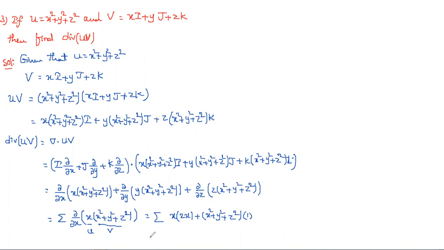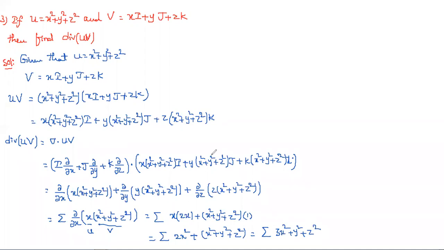So we got summation of 2x square plus x square plus y square plus z square. If we add these, we get 3x square plus y square plus z square.